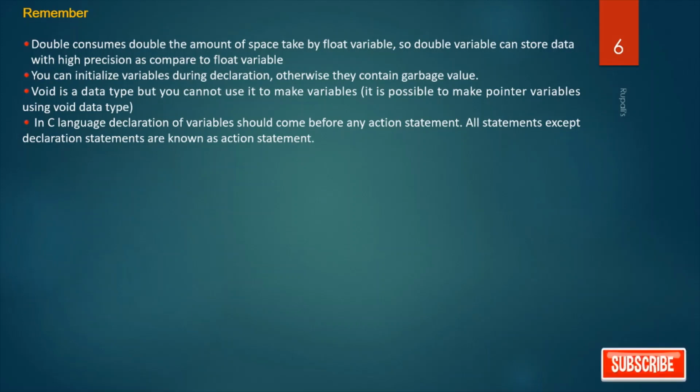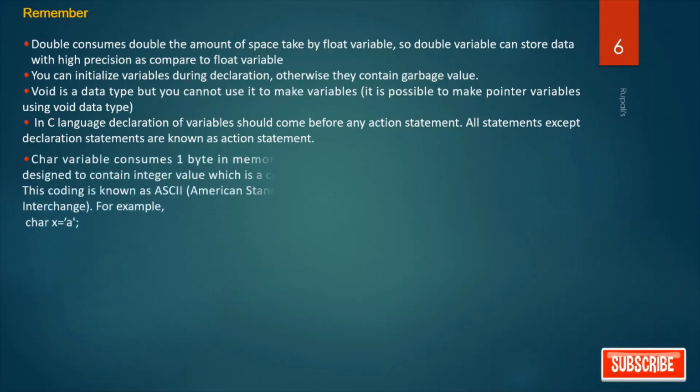All statements except the declaration statement are known as action statements. In our total C program, except the variable declaration, all statements are known as action statements. So variable declaration is done before action statements. So declaration statements are written before action statements.